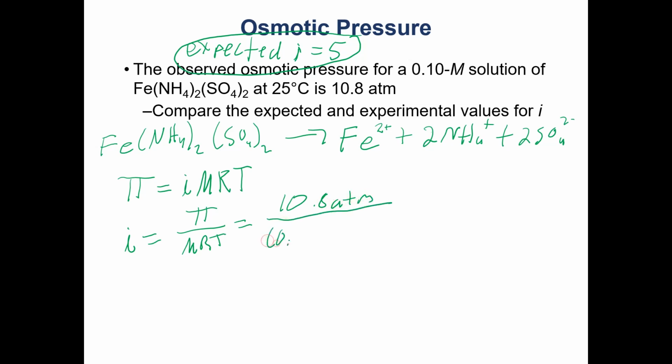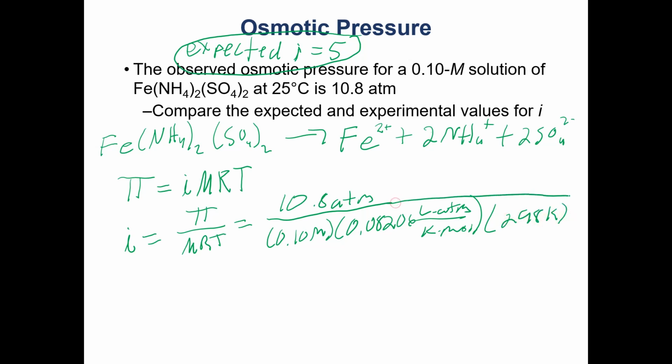We have a 0.10 molar solution, 0.08206 liters times atm over Kelvin times mole. And 25 plus 273 is 298 Kelvin. So if we divide this out, 10.8 divided by 0.10 times 0.08206 times 298, close your parentheses, 4.4 should be what you come up with.